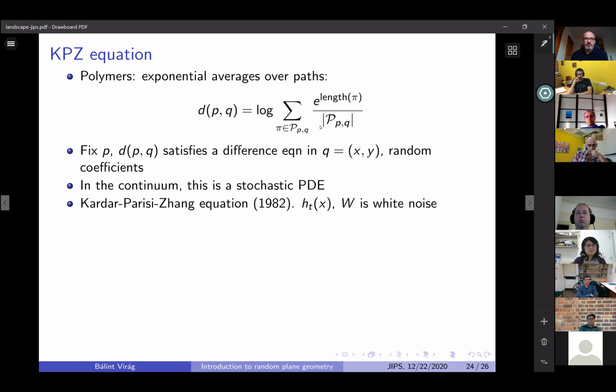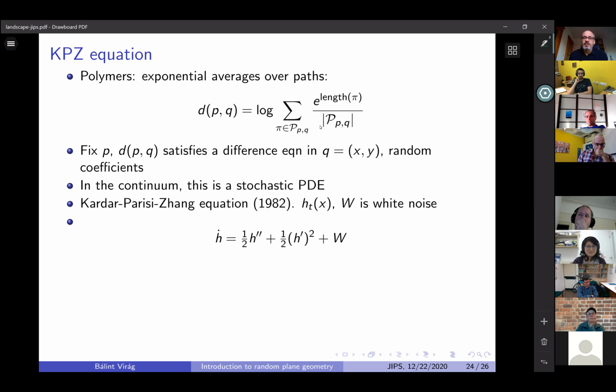Essentially, this is what the Kardar-Parisi-Zhang equation is. It was introduced in physics in 1982, and the whole universality class was named after them. So h_t(x) is essentially a solution of the PDE, which is the limit of what these difference equations would be in the discrete case. And in fact, you can also associate, as was done by Alberts, Khanin and Quastel, a continuum directed polymer model to KPZ, where you take the graphs of Brownian motions and weight the paths by white noise.